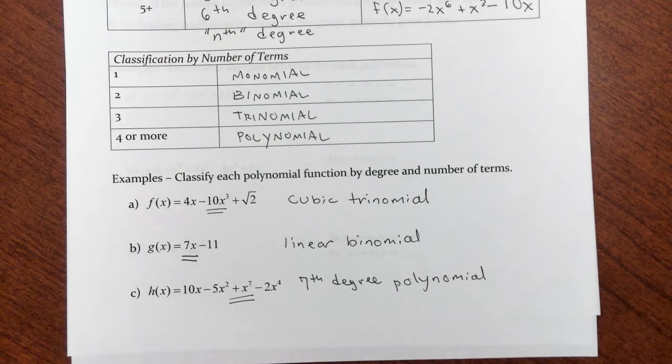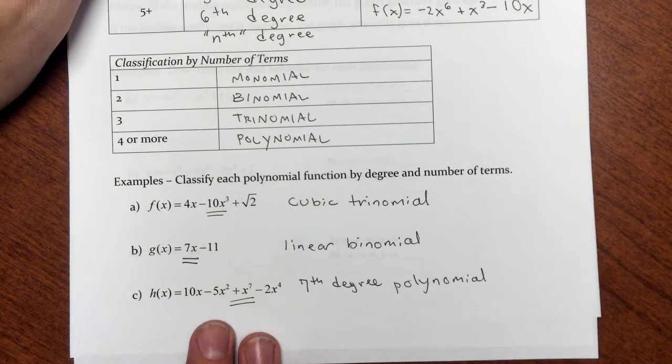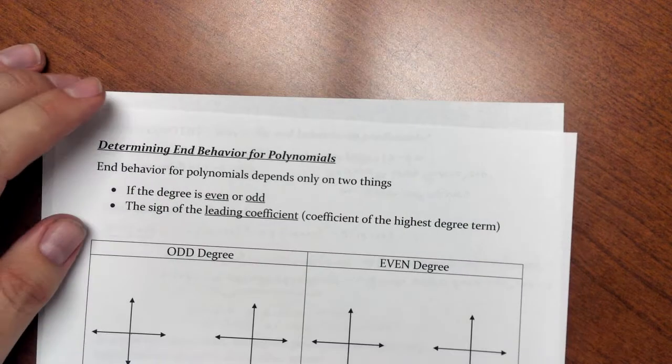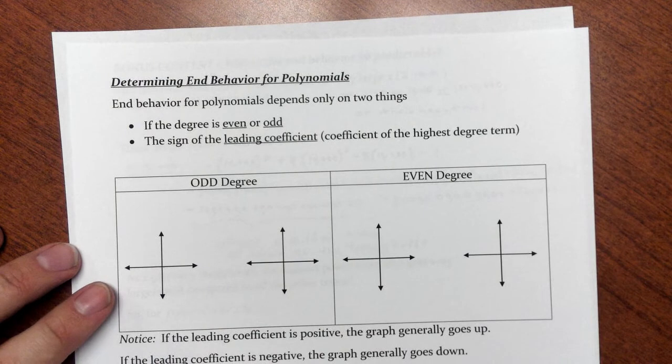All right. So as I said, this vocabulary is one of the things that you should, hopefully it sounds familiar, but if nothing else, it should be something that you can take away from watching this. The next thing I'm going to talk about is the first bit of math that we can actually discuss with polynomials, and that is end behavior. It's going to turn out that end behavior for polynomials is very, very predictable.